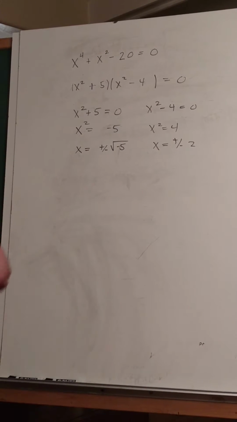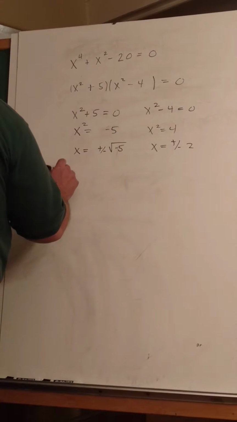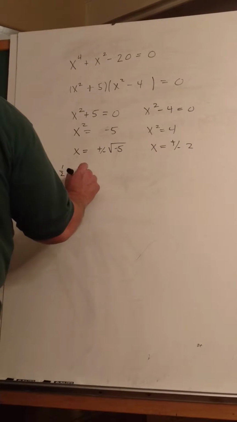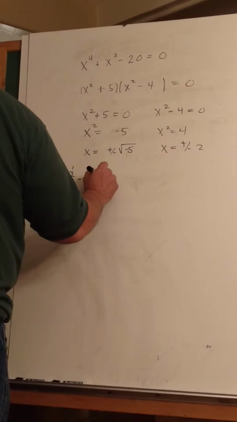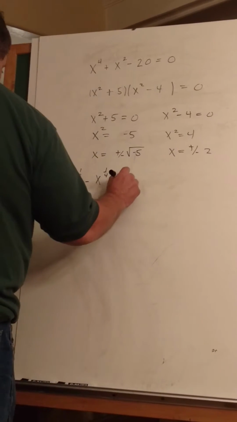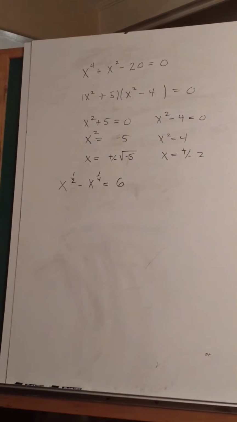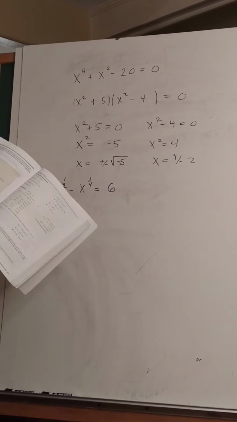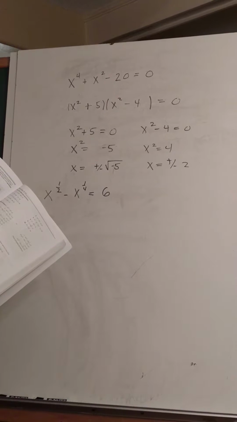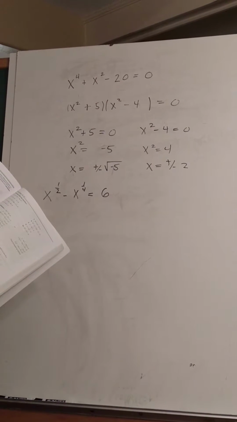All right, well, what about an equation like this? x to the 1/2 minus x to the 1/4 equals 6. Well, again, it doesn't look like we can solve this.